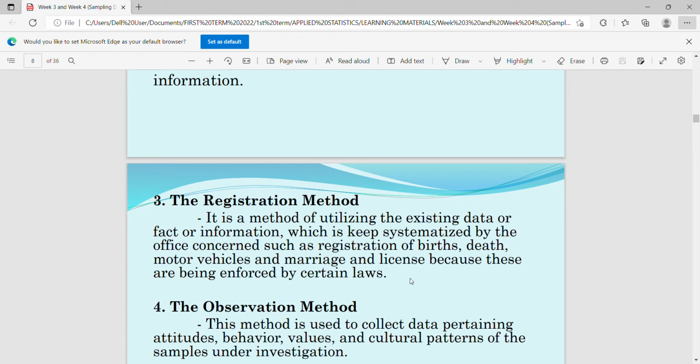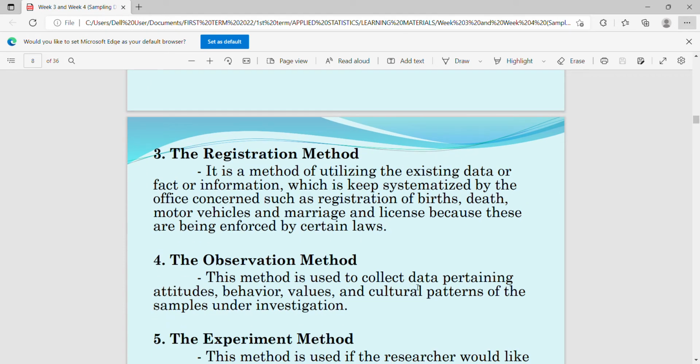Okay, so from the word itself, registration, this data is already registered in a particular office. And if you want to collect this data, you're required to visit or request and make a formal letter in order for you to be entertained.